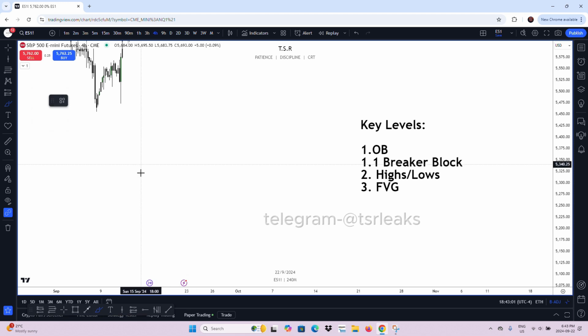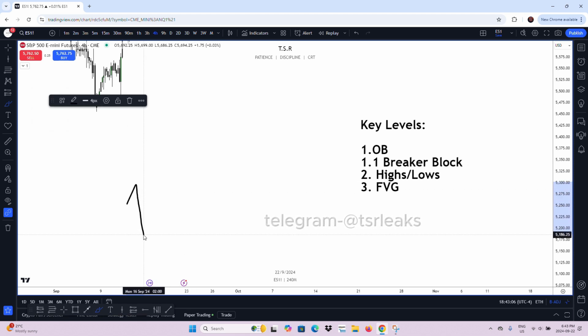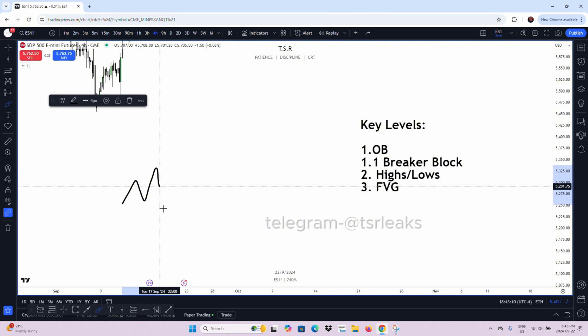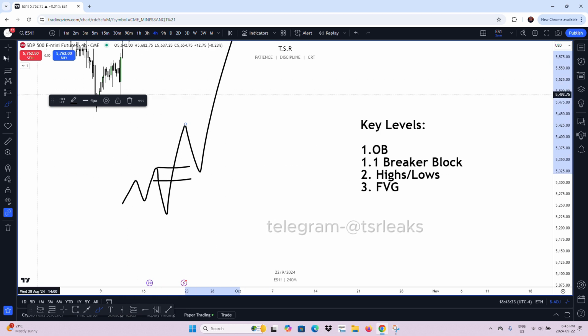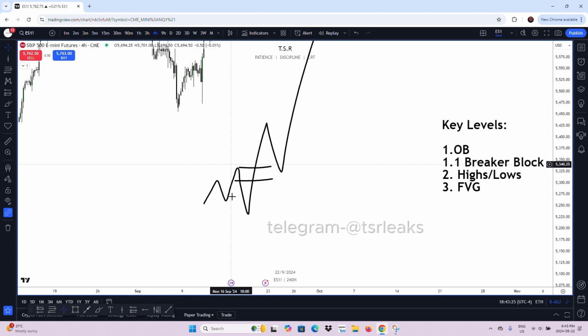Let me get high, low. Actually, sorry about that. High, low, breaking the high. This right here is the order block. Tapping into the order block, expanding up higher. So now why is this, sorry, not the order block, the breaker block.